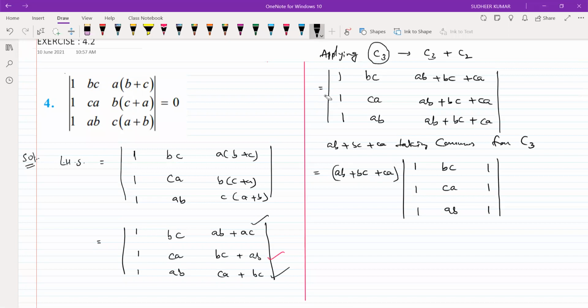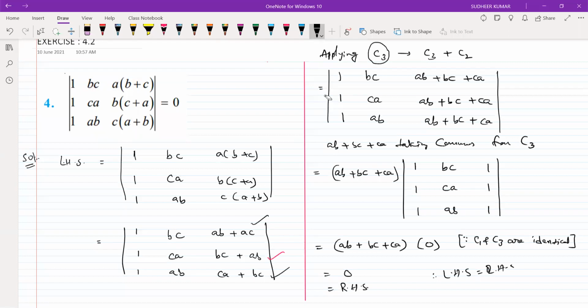So what's the value of this determinant? 0. AB plus BC plus CA into 0. Why is it 0? Because C1 and C3 are identical. That equals 0. That equals RHS. So we got the result, therefore LHS equals RHS, hence proved.